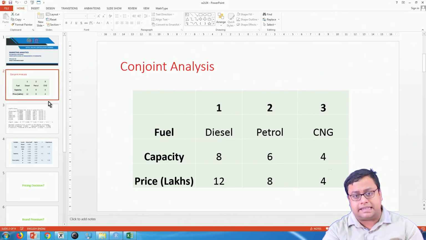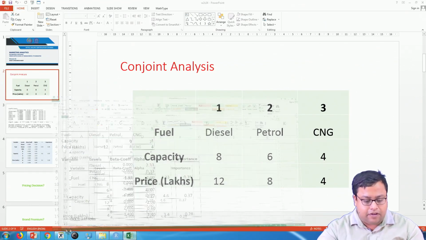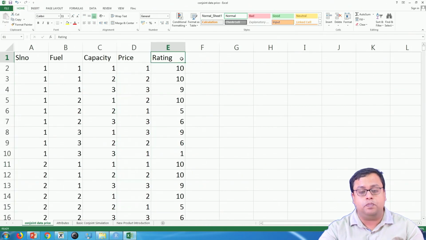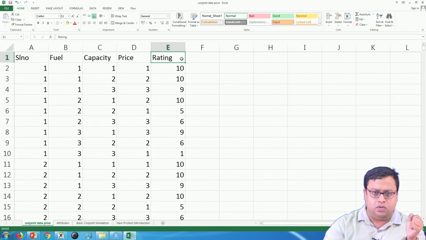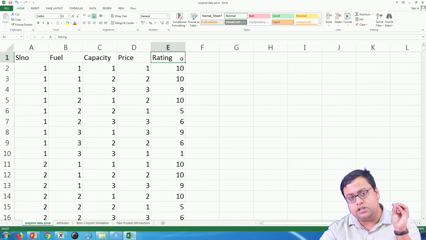But instead of asking rating or ranking, in the data set you have asked willingness to pay. If you remember, what is the best price that we can do? We can find out the optimal willingness to pay of the customers.